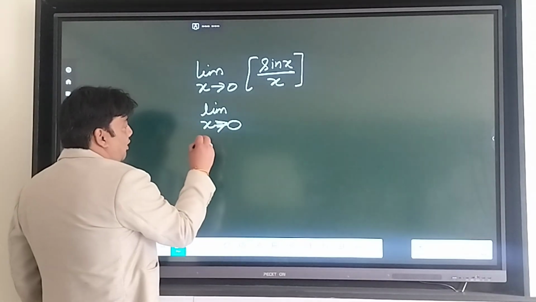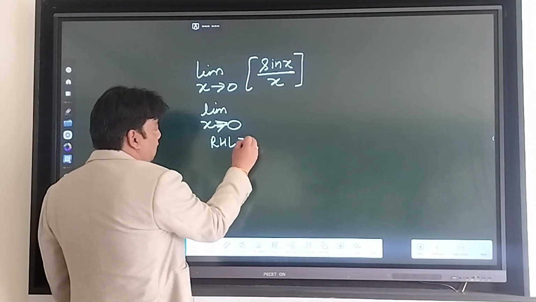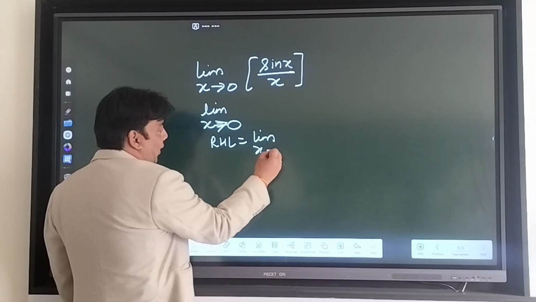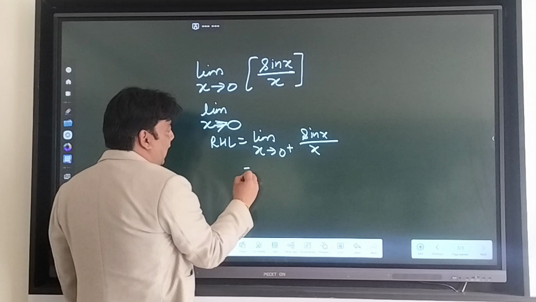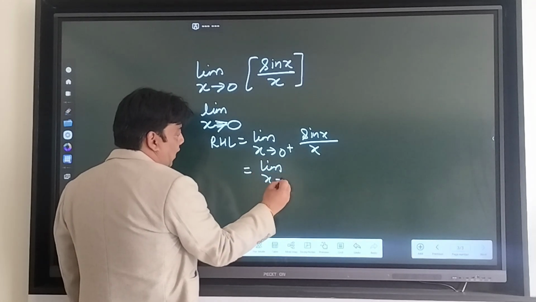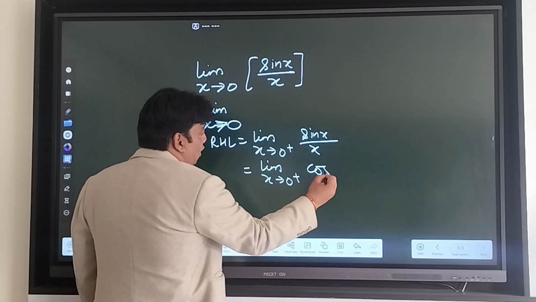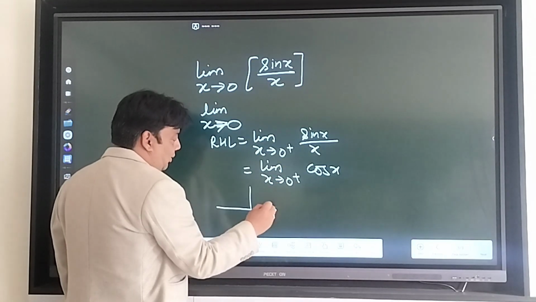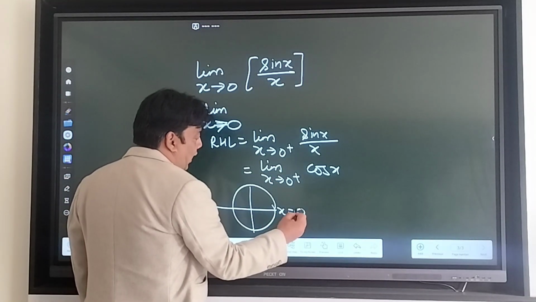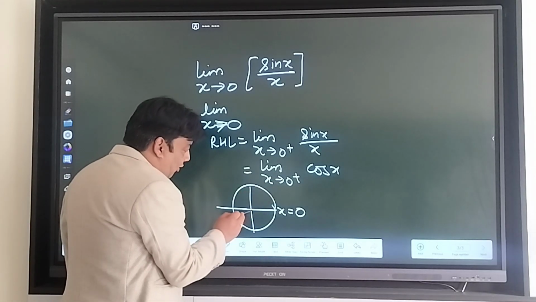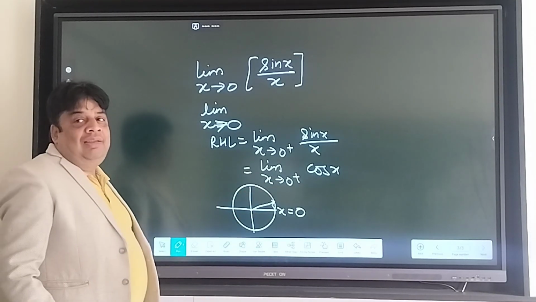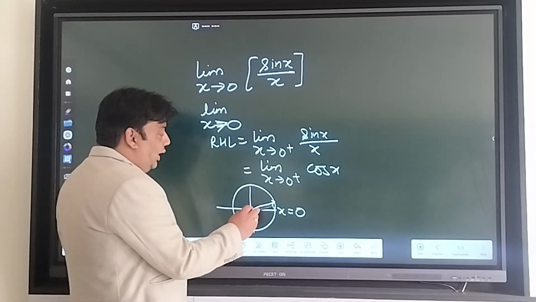Now see, suppose I talk about the right hand limit, it will be limit x tends to 0 plus sin x by x. I apply L'Hopital's rule and it becomes limit x tends to 0 plus cos x. Now come to the quadrant system. This is x equals 0. At exactly 0, cos 0 is 1. When I say 0 plus, I am moving on this side, x is slightly greater than 0. You know the range of cos x.